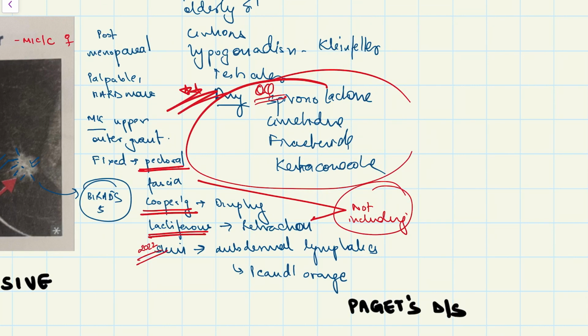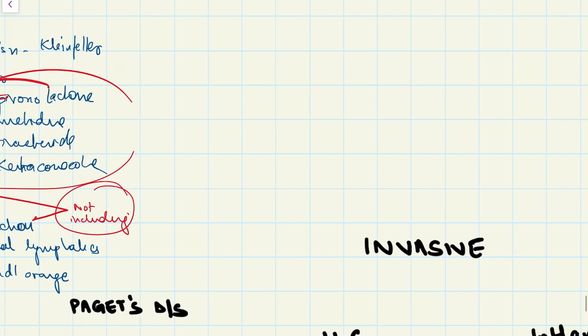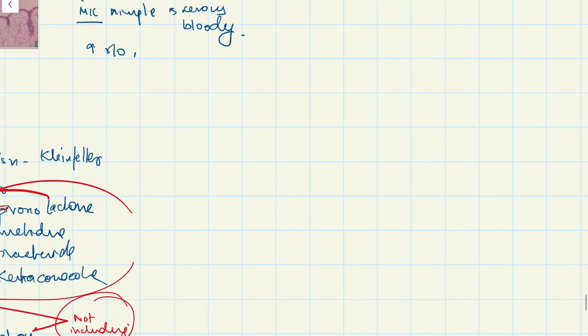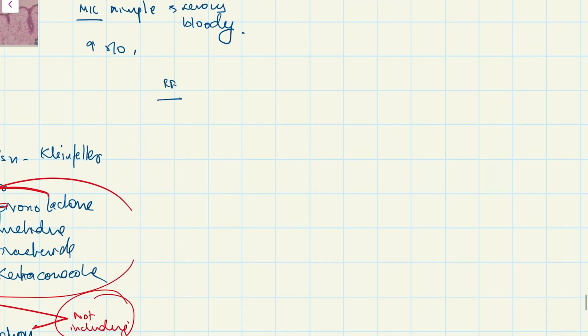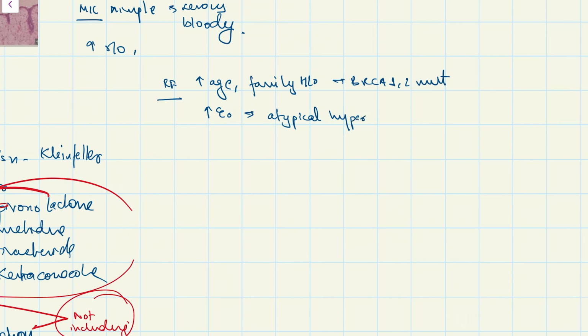Let us study breast cancer in a bit detail. So, the risk factors for breast cancer are increased age, family history, that is BRCA1 and 2 mutation, and all the conditions that increase the estrogen, like history of atypical hyperplasia, nulliparity, early menarche, and late menopause.